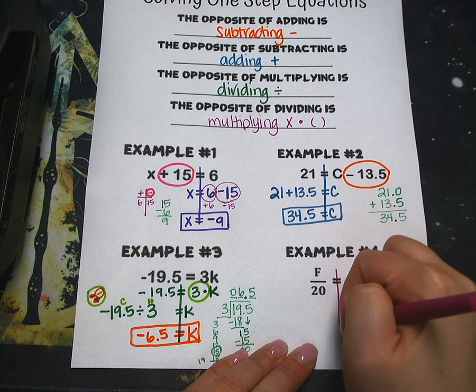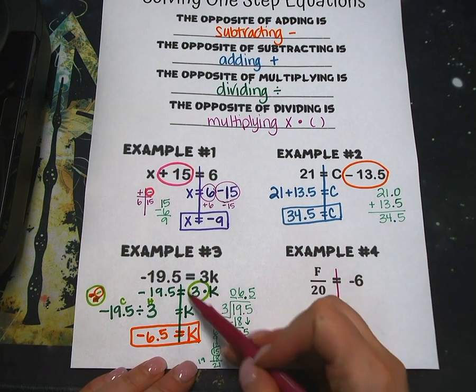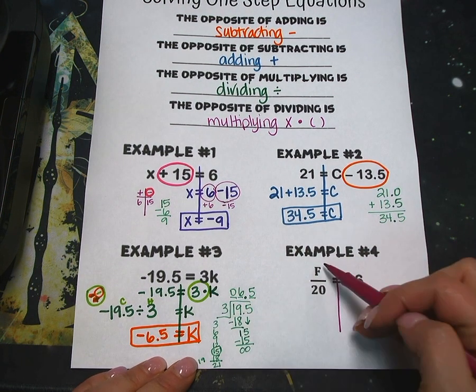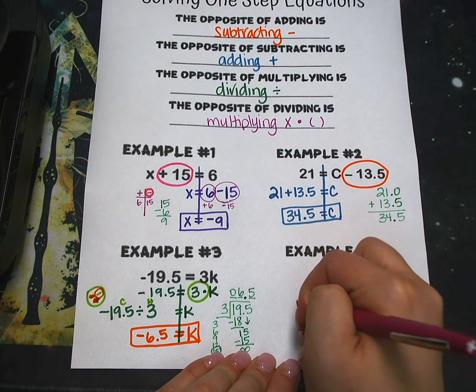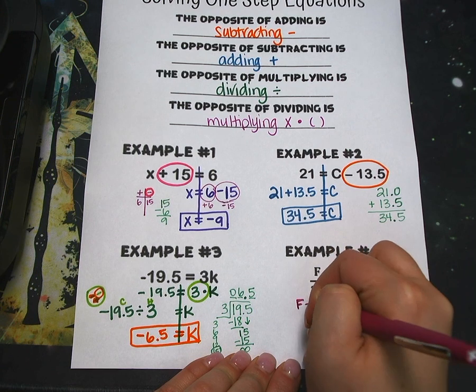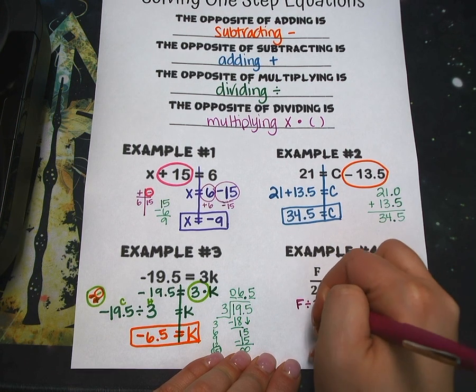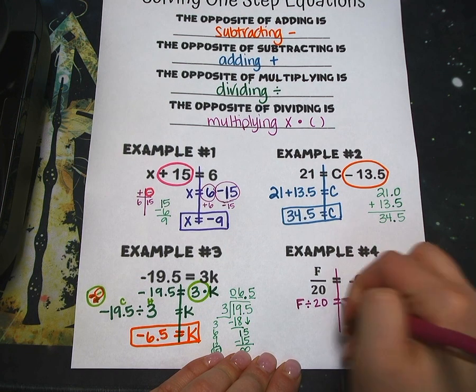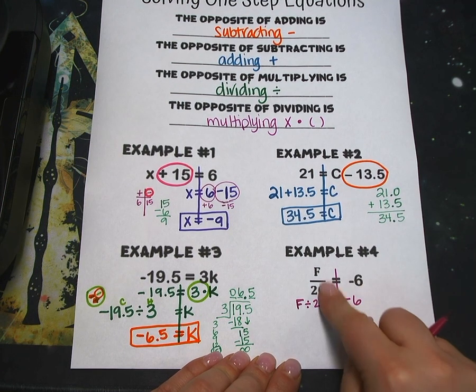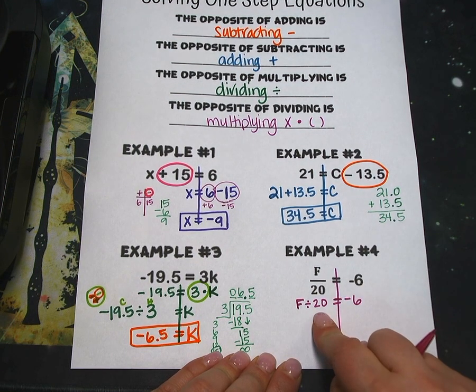And just like this one, I rewrote the problem with the multiplication symbol. This is a fraction, so I would like to go ahead and rewrite it as division. So that's f divided by 20 equals negative 6. That just helps me remember that that fraction is really division, okay?